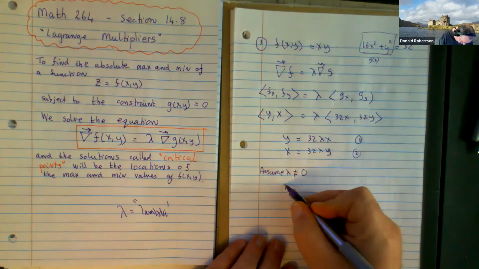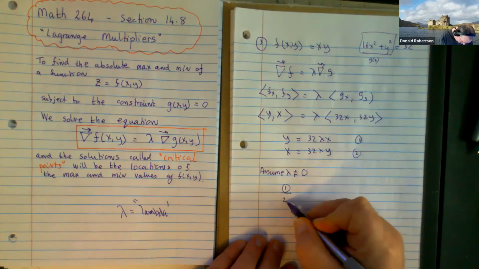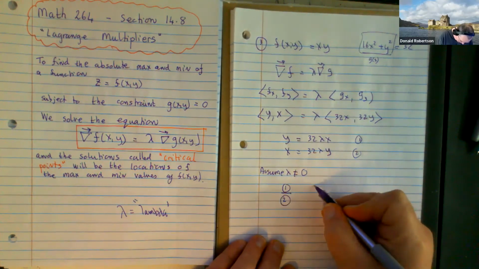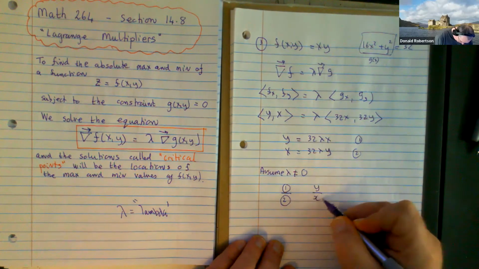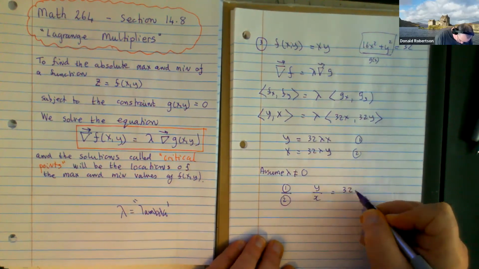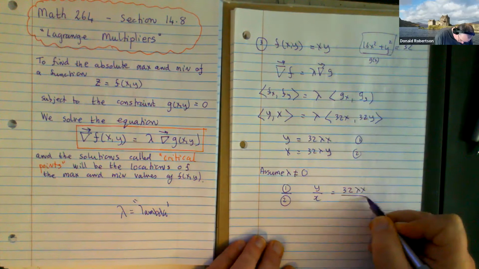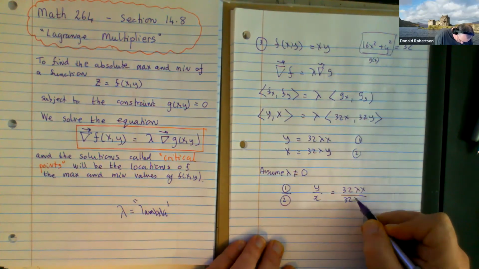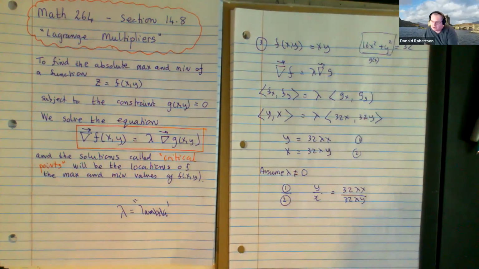Then I should take equation 1 and divide it by equation 2. So I get y over x is 32 lambda x over 32 lambda y. Are you good so far? Have you noticed that every single time that's what we do once we've got rid of the lambda equals 0 situation?